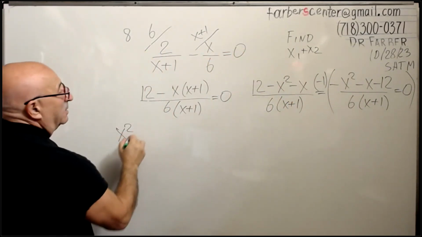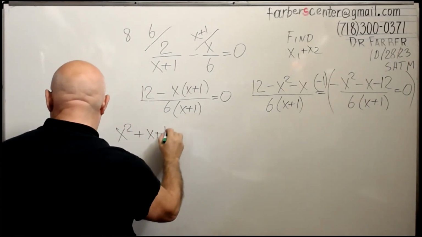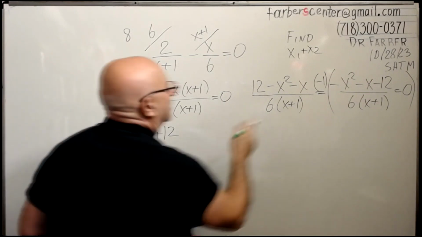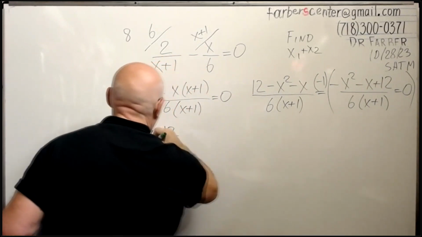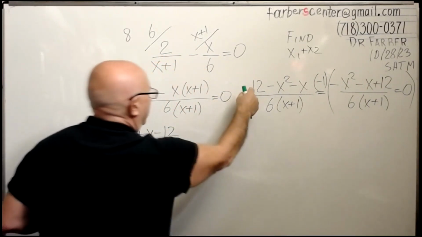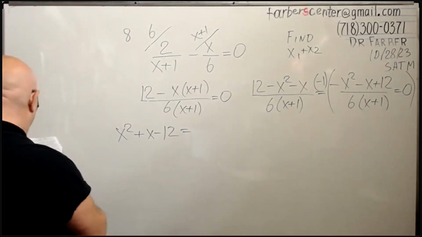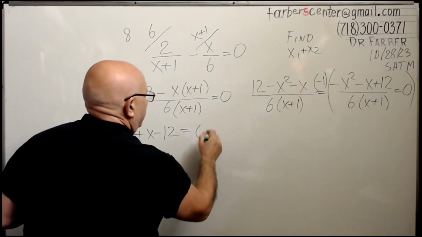What will I get? x to the second plus x minus 12, because of the sign change. And this numerator is supposed to be equal to 0, right? Equals to 0.